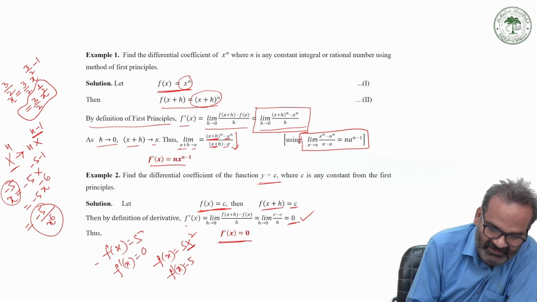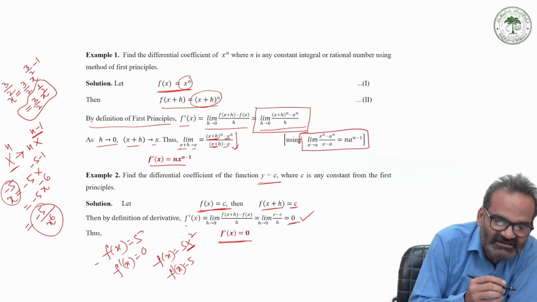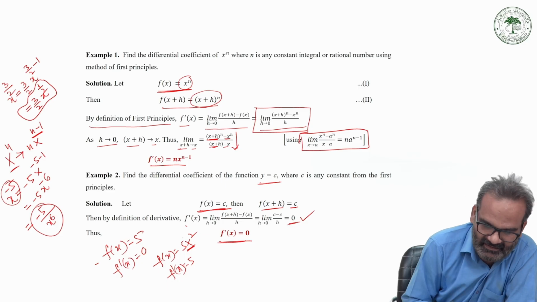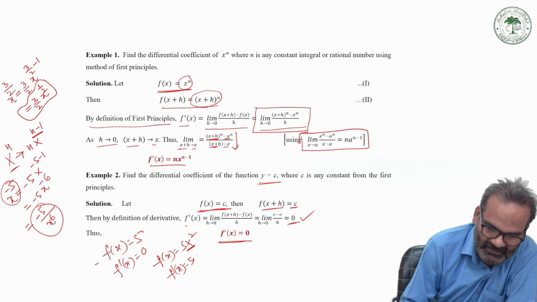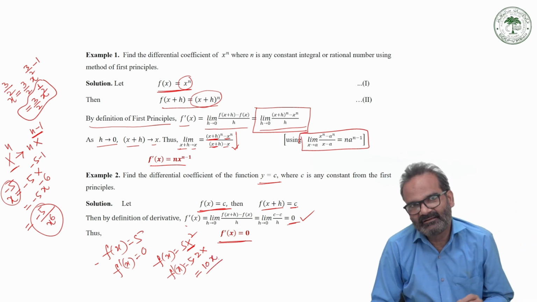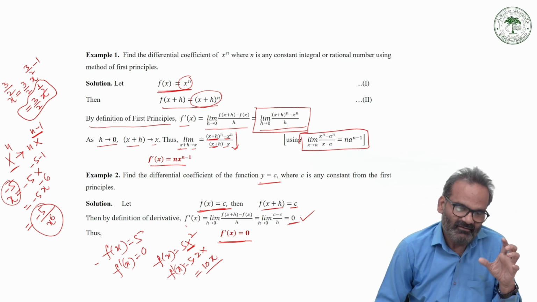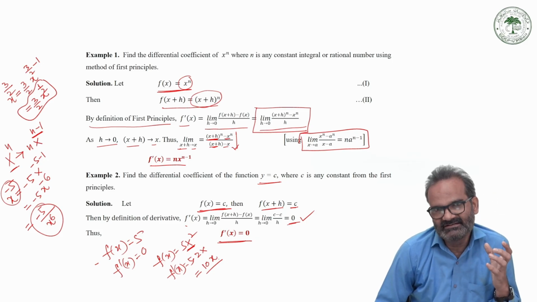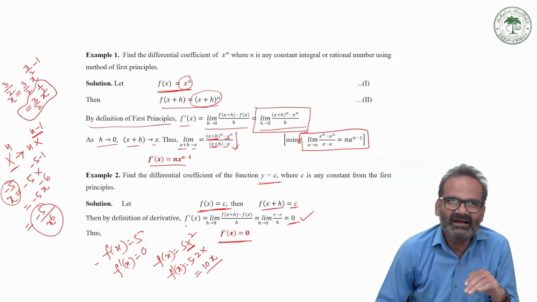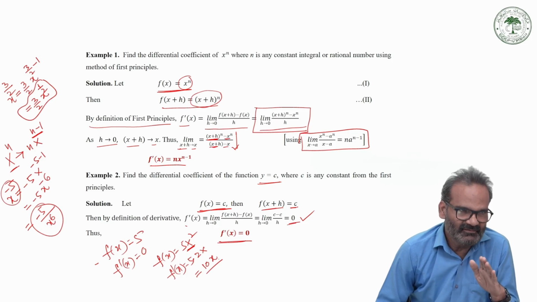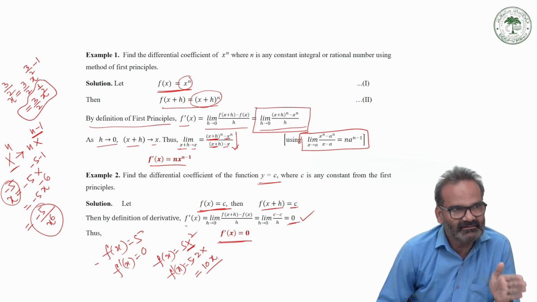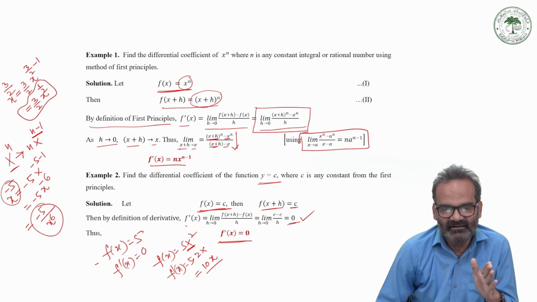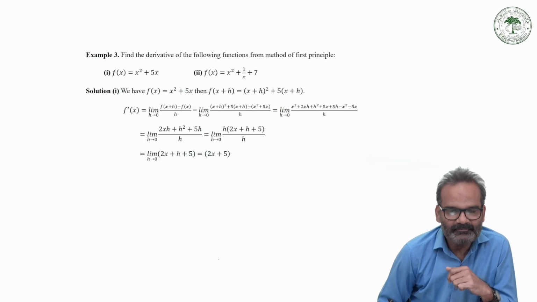Write down the derivative of x power 2 using the formula of x raised to the power n. What would it be? 2 into x, that is 10x, right? So be clear, whenever a number is alone, its derivative is always 0. But if it is multiplied with any variable, then we will not differentiate the constant, rather we will find the derivative of the variable, right?